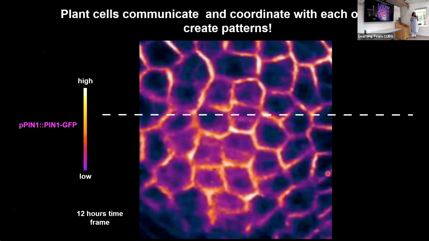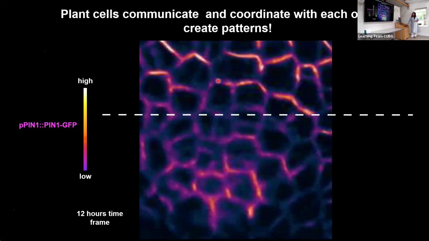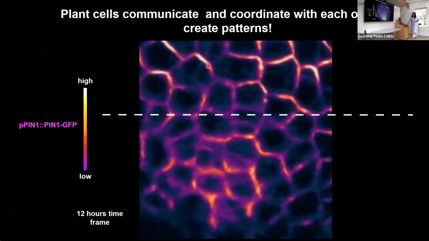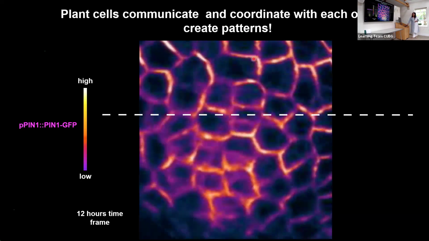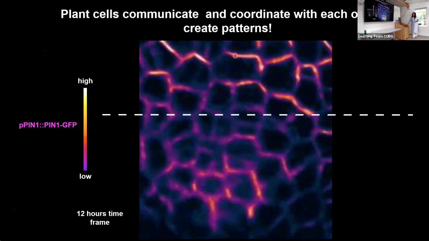Now, this protein can make these changes in sides in a collective manner. So in a way, cells can change the orientation of their pin proteins together. If you focus on this video here, all these cells are changing the pin1, pointing this pin1 towards this side like that.